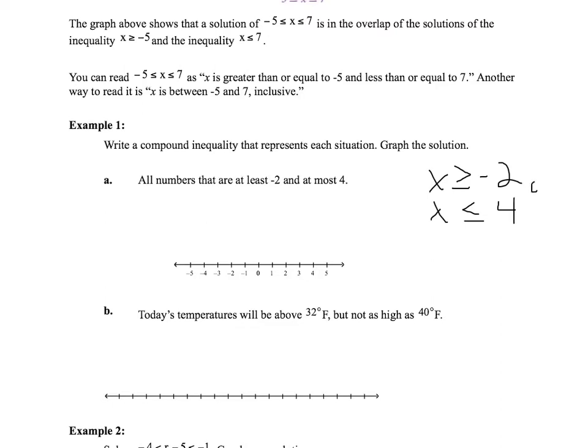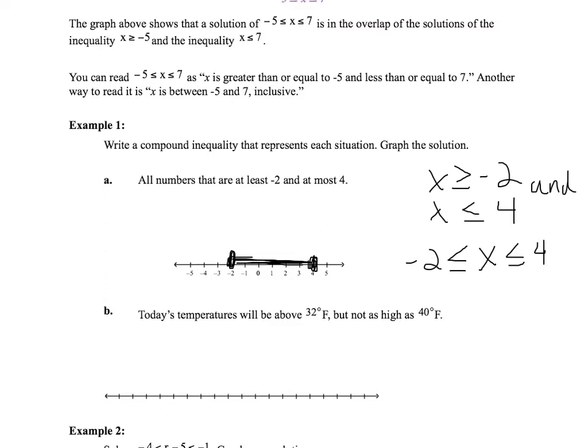We could write it like this: x is greater than or equal to -2 and x is less than or equal to 4, or we can have x in the center. It's less than or equal to 4, and it's greater than or equal to -2. So I'm going to find -2. We know it's greater. And 4, we know it's less.